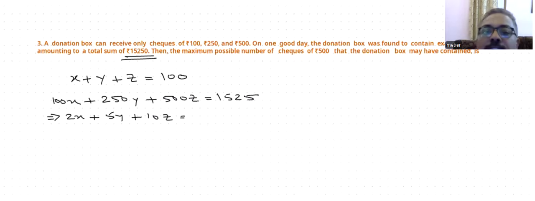So if you divide it by 50, it will be coming as 50 into 6 is 300, so it is 305. So 2x plus 5y plus 10z equals to 305. Now you need the number of checks of 500, which means you have to calculate the value of z.